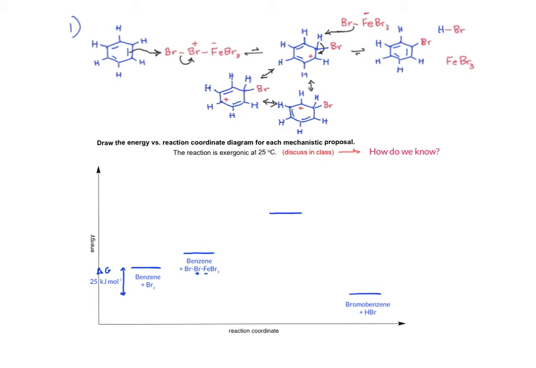Since that step is the rate determining step, that energy level will be above the level of the benzene bromine iron tribromide complex. In the next module, I will give you some information on how we can quantitatively determine the height of the energy barrier for the rate determining step.